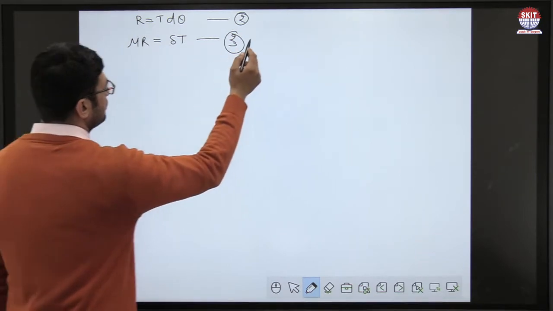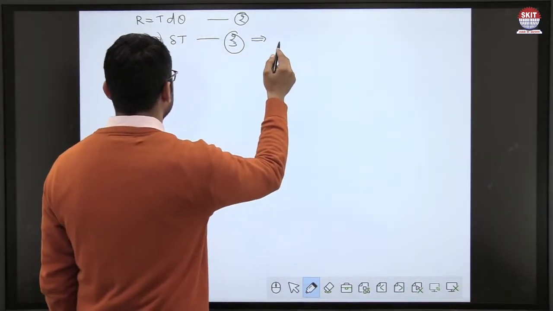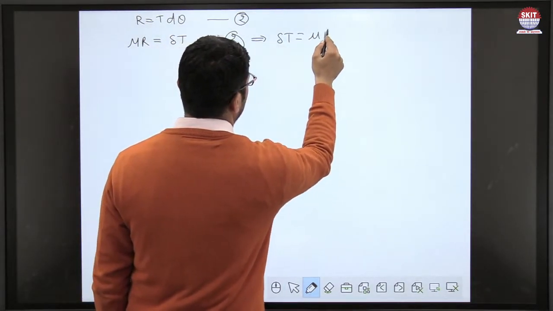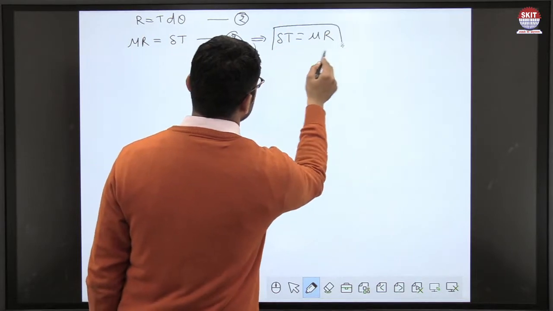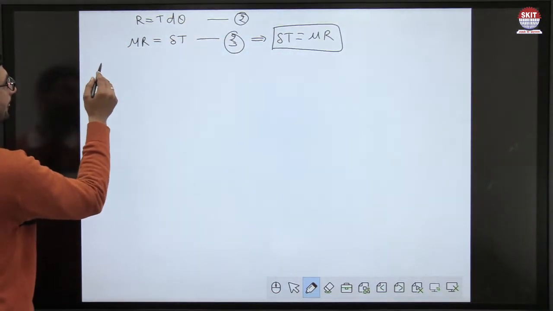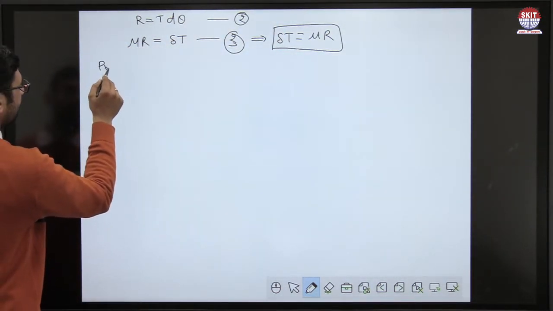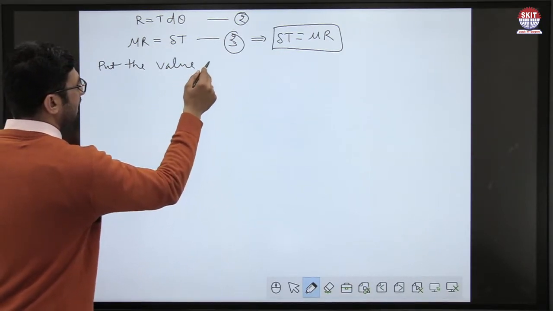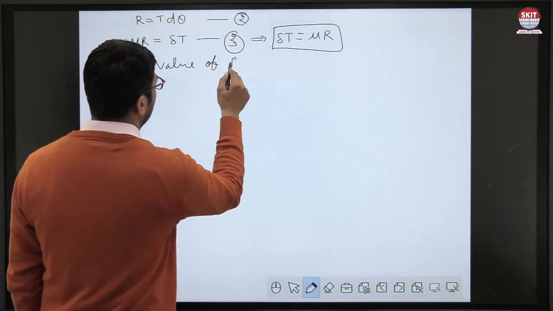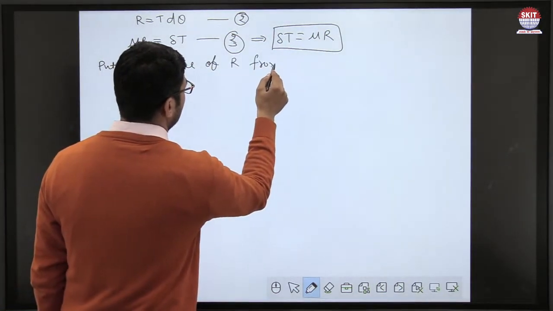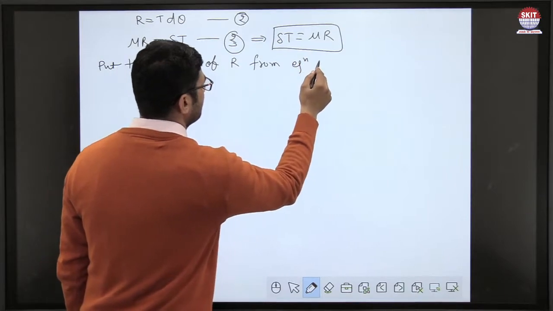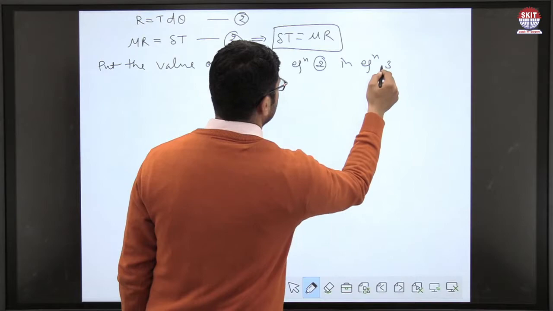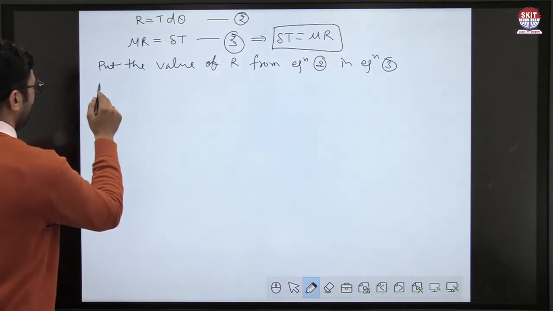We rearrange equation third and write delta T equal to mu R. Put the value of R from equation 2 in equation third.